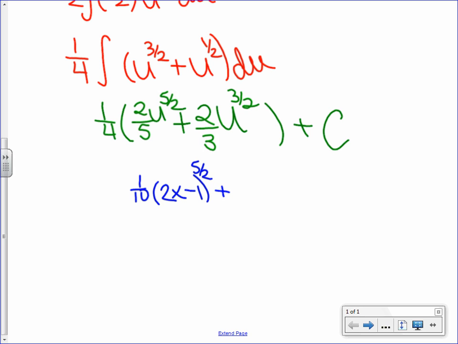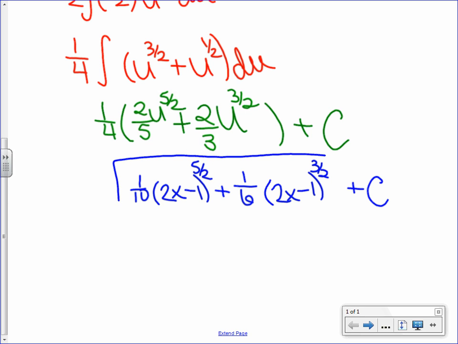Plus, this is u to the 3/2, so 2x minus 1 to the 3/2. u has a coefficient of 2/3 and it's being multiplied to 1/4. So there is our rewritten answer. Now let's make sure that that derivative becomes what we have. Would you like to do that? No.